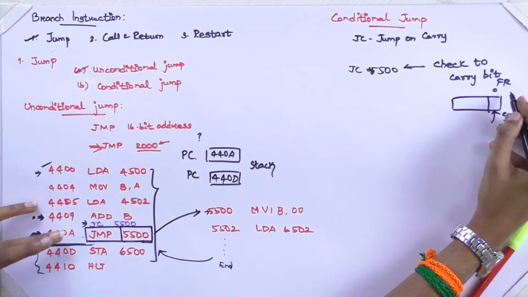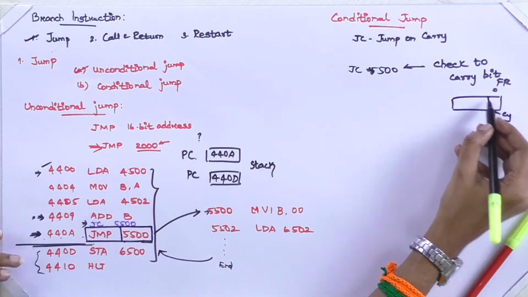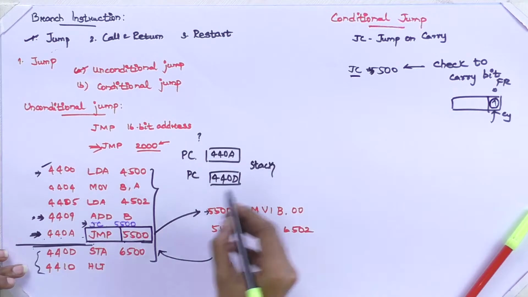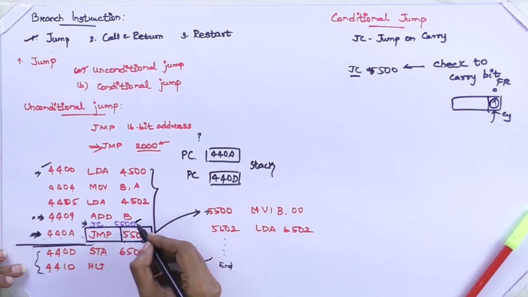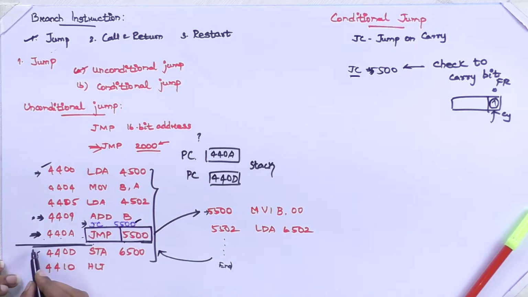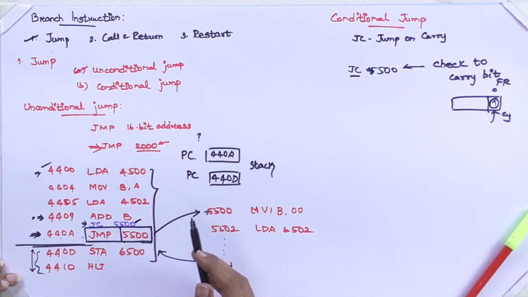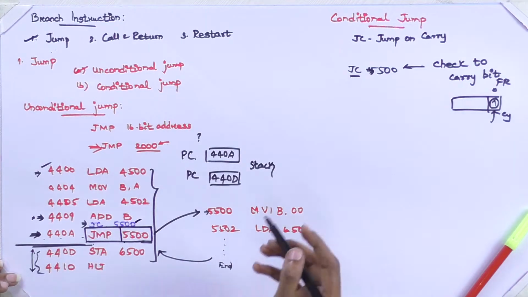It will check if this carry is set, that is, jump on carry. If it is 1, then it will jump to the address 5500, otherwise it won't. It will continue with the normal execution of the program. So you got it: if the condition is met, it will jump to the address mentioned in the instruction. Otherwise, it will continue with the instruction that follows in the program.